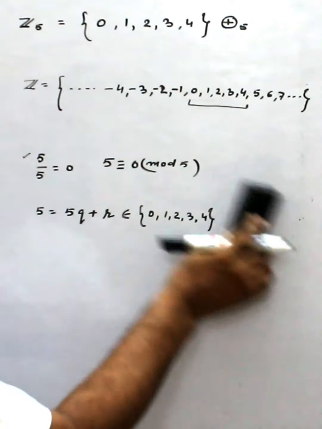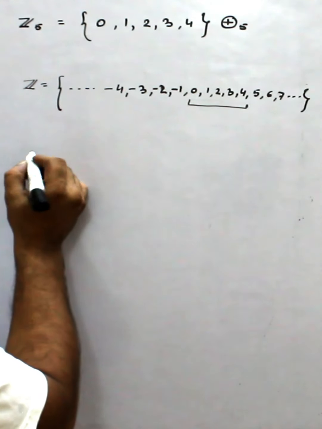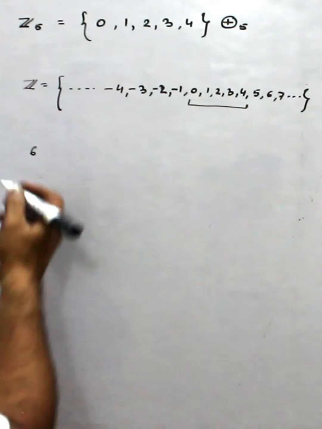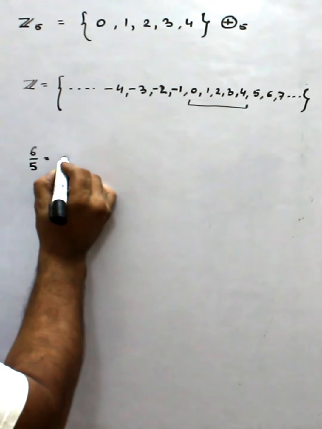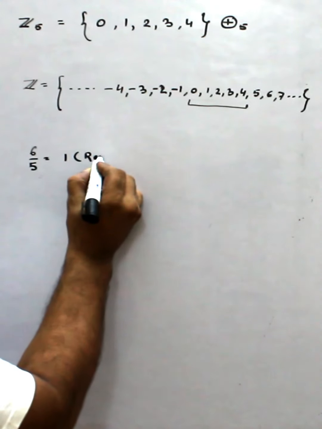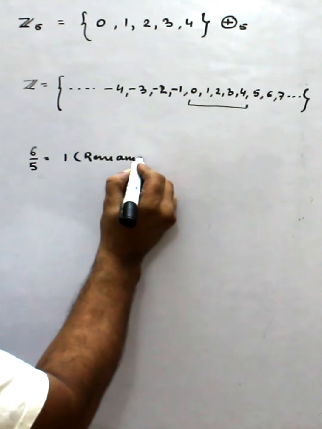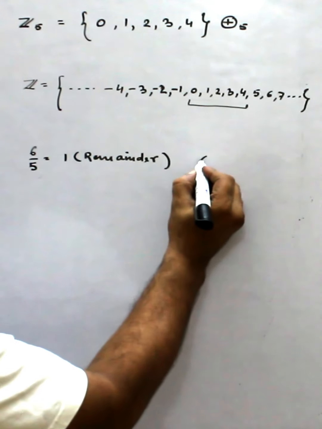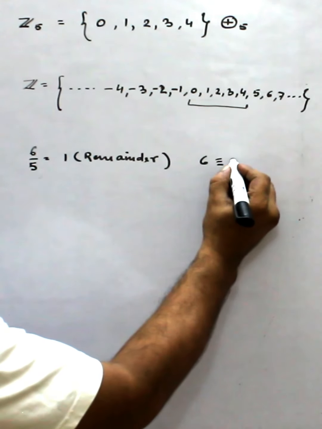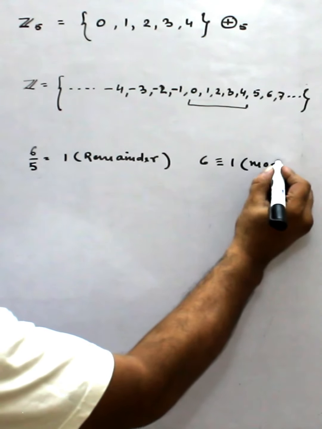Similarly, what about 6? If we divide directly, definitely 1 comes as the remainder, and that means I can say 6 is congruent to 1 under modulo 5.